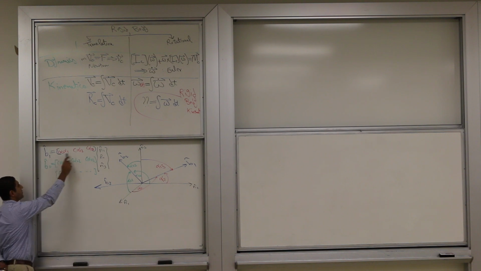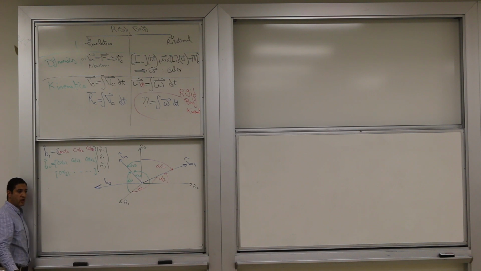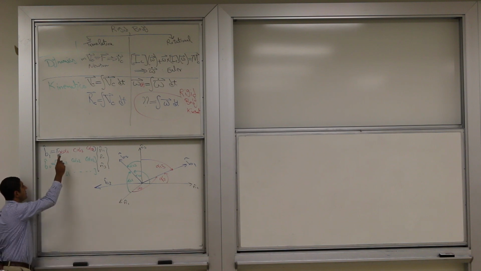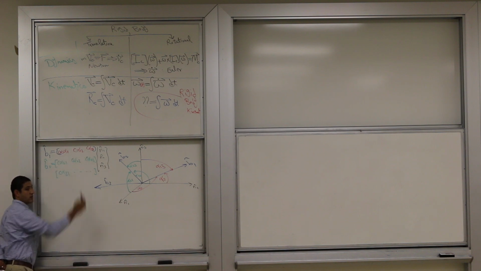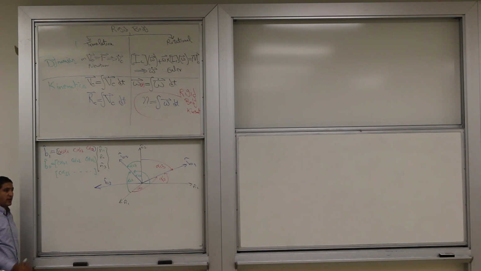Well, these are the components of B1 in the N frame, right? And what is the length of B1? It's unit. So this square plus this square plus this square equals 1. So you have one equation for each row, and we'll see that we have also one equation for each column.